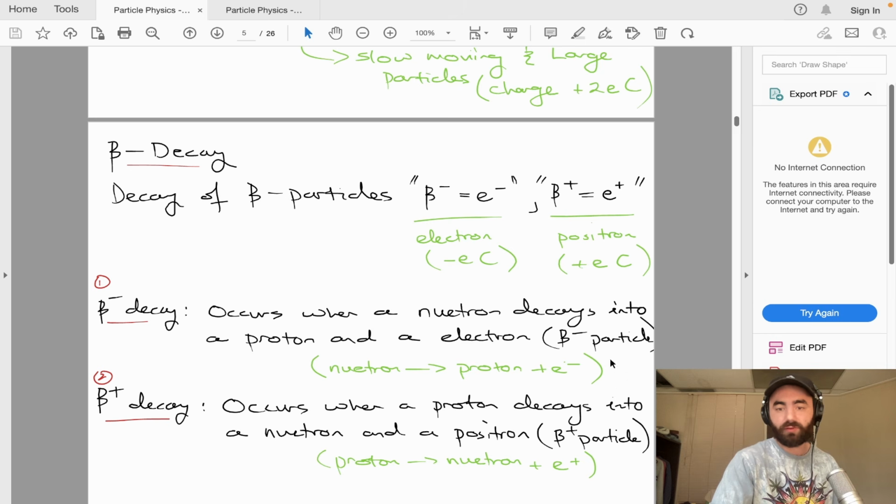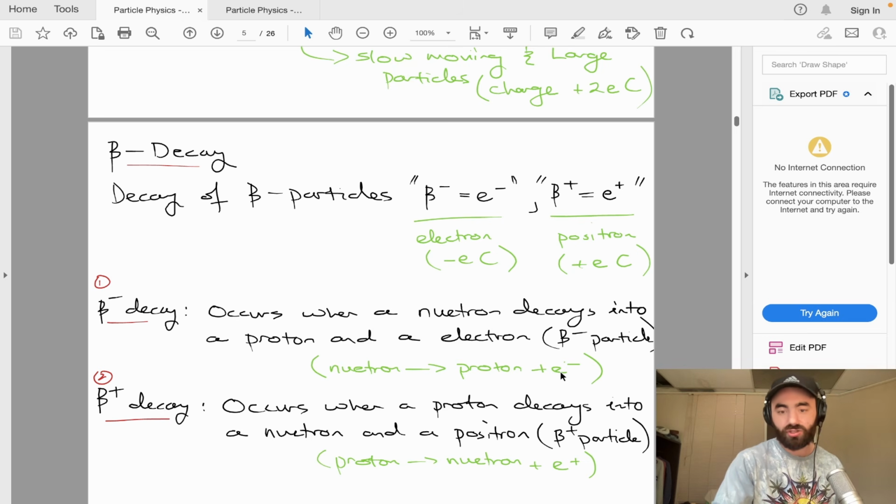And so in terms of beta minus, what's really happening is we have a neutron decaying into a proton and an electron. So it's a neutron, and it's basically transforming into a proton. It happens, we also get the release of a beta minus particle, which is an electron. And that's in order to balance out the charge, because a neutron has 0 charge, and a proton has +e charge, and an electron has -e charge.